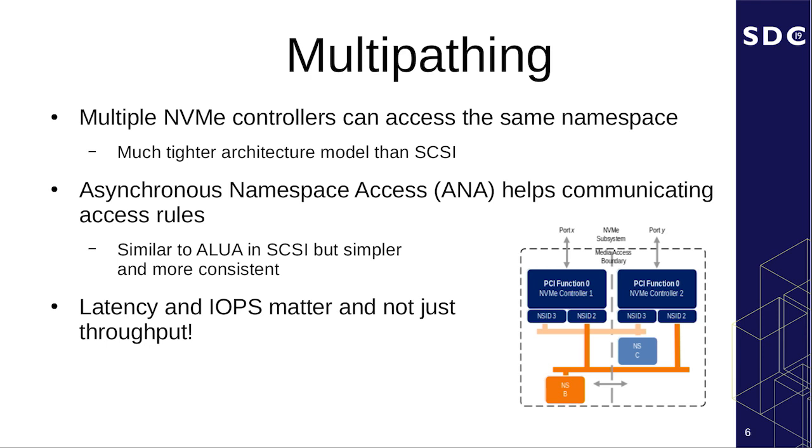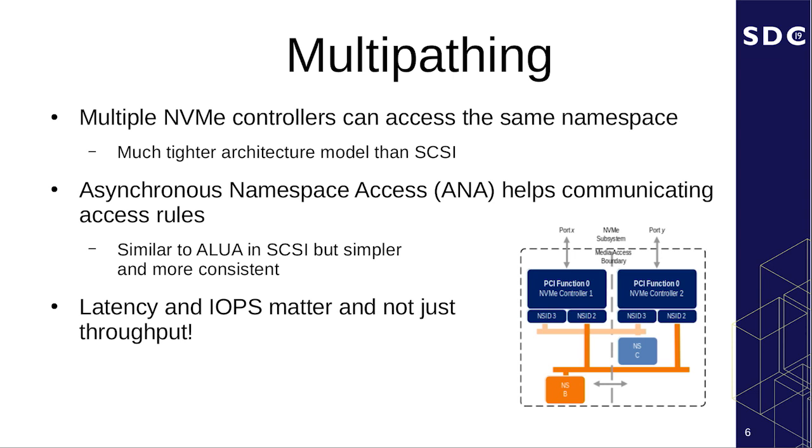And the interesting thing in NVMe is that NVMe actually has a very tight architecture of what really is valid as another access path. So in SCSI, a lot of it is just, yeah, maybe it's going to work, but NVMe has this concept of a subsystem. Controllers are part of a subsystem.